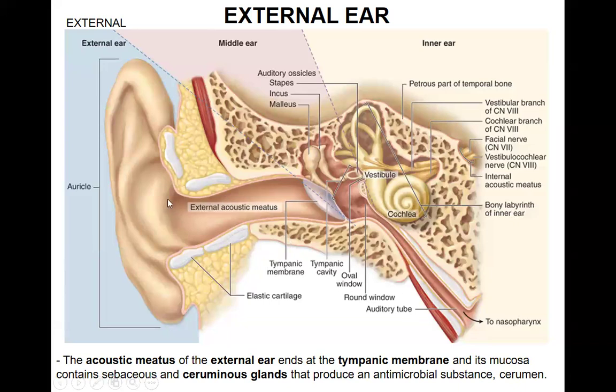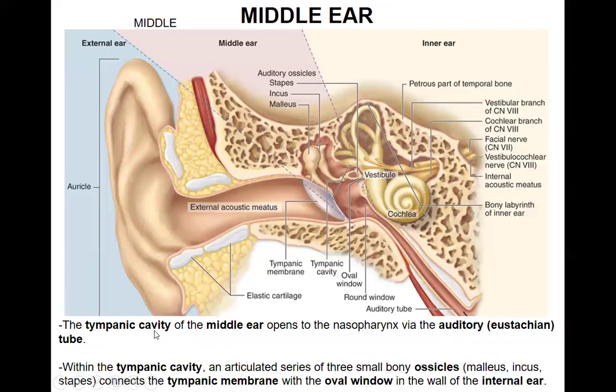So what happens next? The middle ear is this one here. It's also known as the tympanic cavity. The tympanic cavity of the middle ear opens to the nasopharynx via the auditory tube, or Eustachian tube. It has an important role in equalizing the pressures: when the sound wave creates pressure here, it needs to be equalized at some point, and that occurs with this auditory tube.